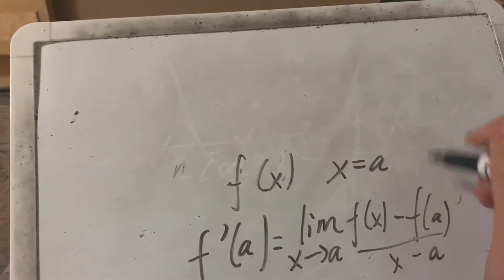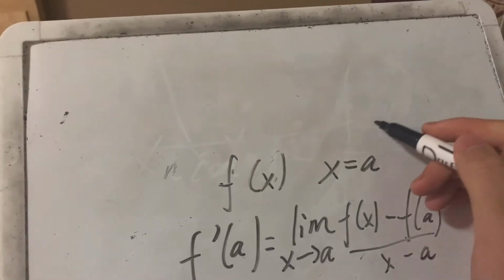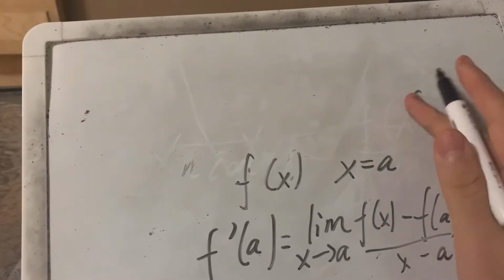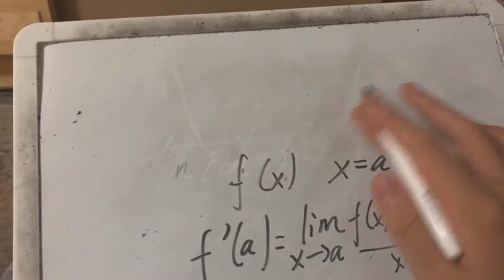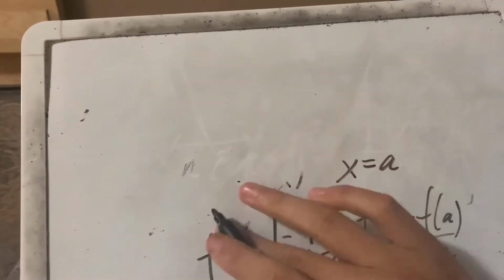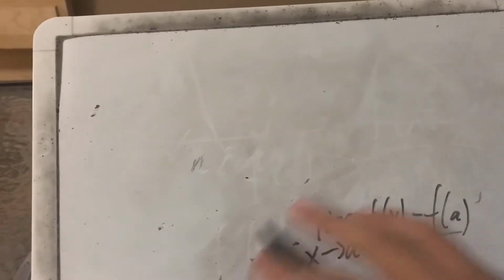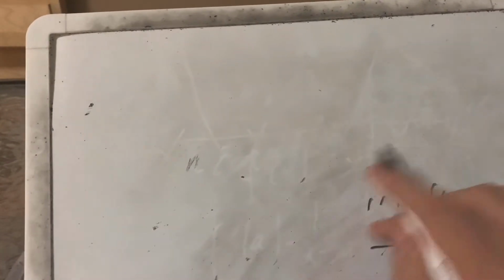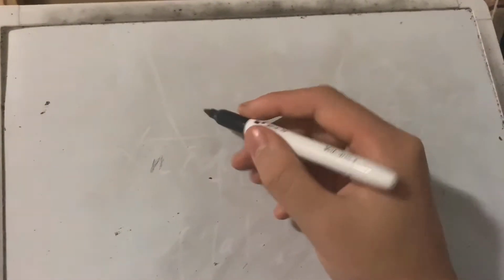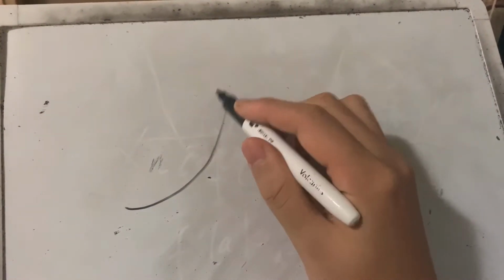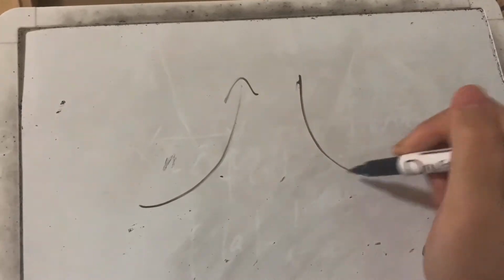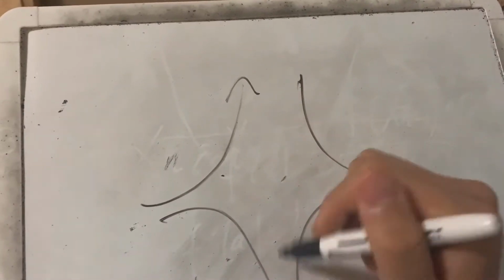The first derivative represents the slope and the second derivative represents concavity. So what is actually concavity? Well, I'm not going to take AP this year. We call this concavity up, and we call that concavity down.